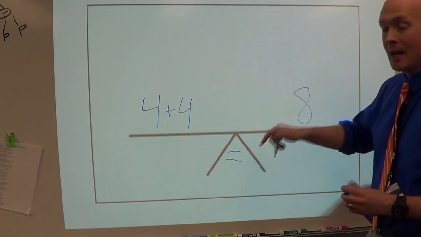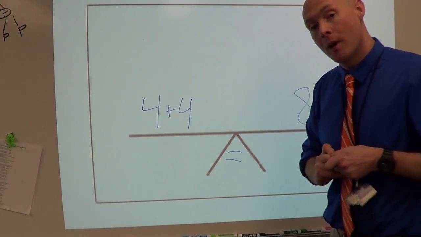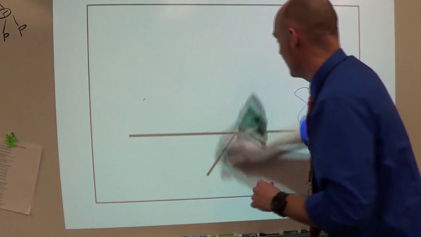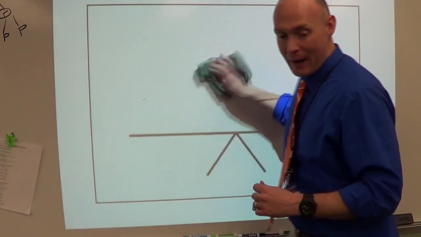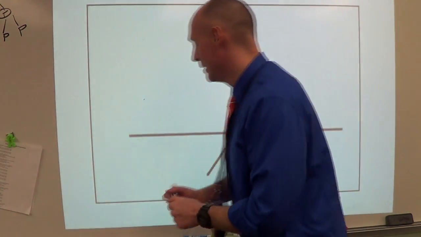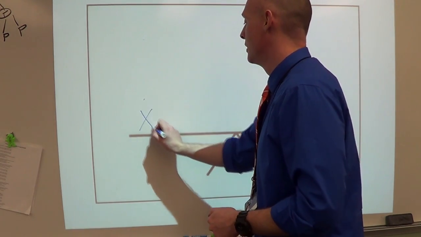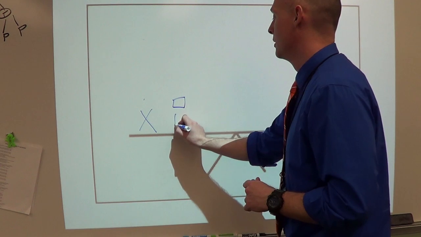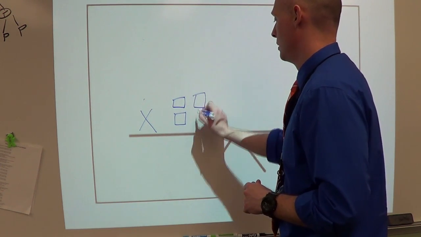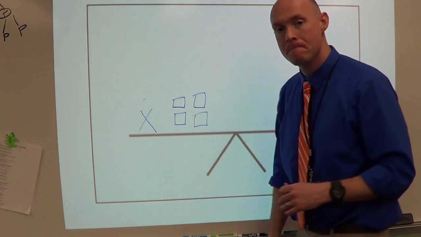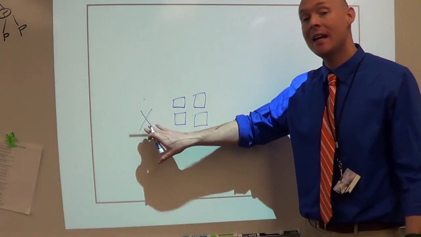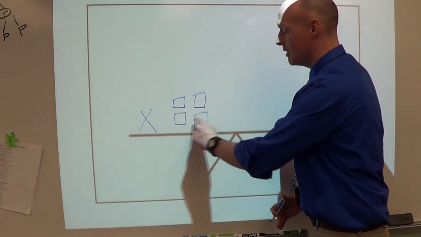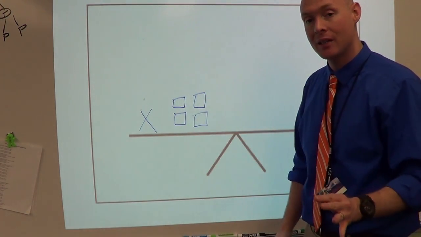Okay? Now, because we're dealing with algebra, we got to deal with variables. So, let me erase this. And what if I put an x? And with that x, I put 4 blocks. Okay? We have no idea how many blocks x is. It's just x. But here we can definitively see 4 blocks.